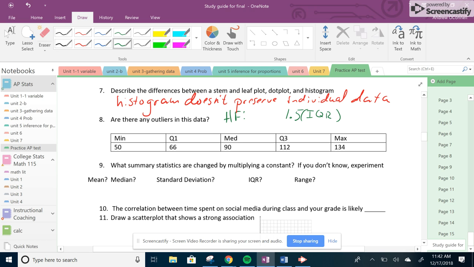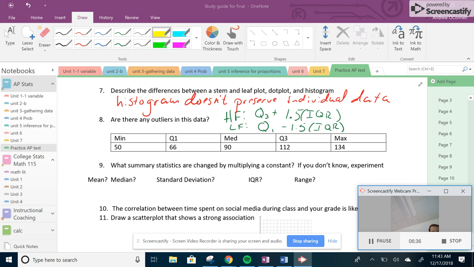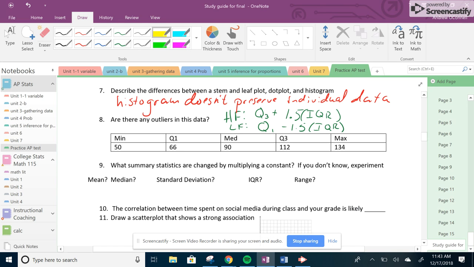The low fence is Q1 minus 1.5 times the IQR. Remember that the IQR comes from Q3 minus Q1.